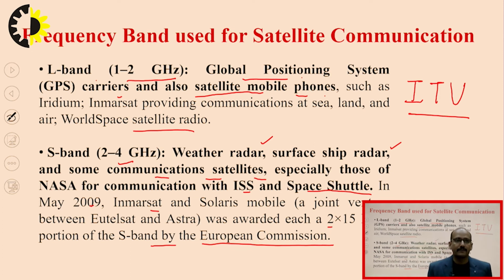This complete frequency allocation, or spectrum allocation to various users for a specific purpose, is governed by the ITU. They are providing the spectrum and they are monitoring and regulating all the protocols and conditions for the use of a specific spectrum for a specific purpose. So the European Commission case is one example of that.